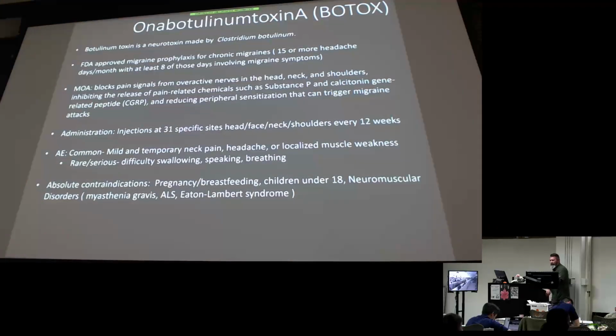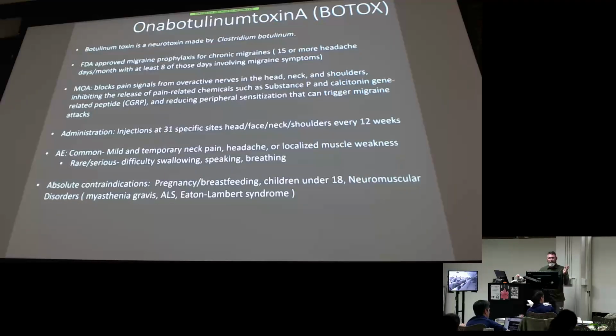I bring this up. It's not really a medication, but there's a protocol for using Botox for migraine prophylaxis. It's like 31 injections. DOD does offer a class in it to you folks. I didn't get it before I retired, but apparently now you can get certified in doing it.